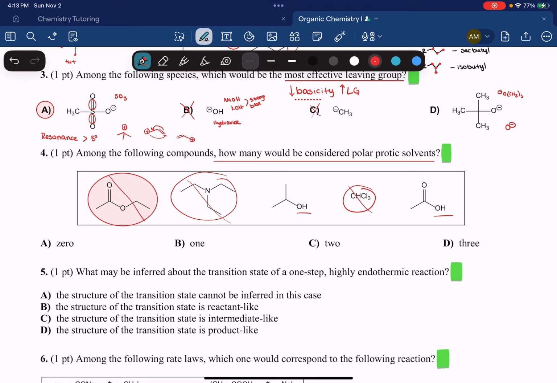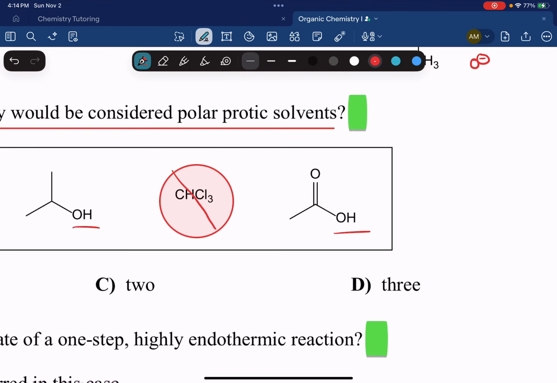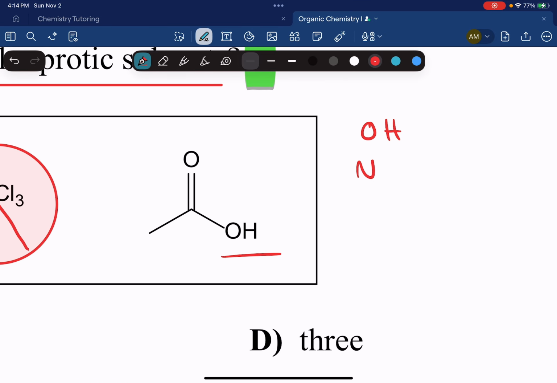It doesn't have any hydrogens to donate. So that's pretty fast, right? You've got an OH. Where do we say? OH, NH. What else was it? Even ROH, which actually is what this is. ROH. I think.